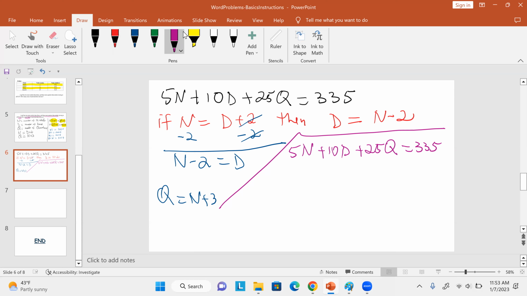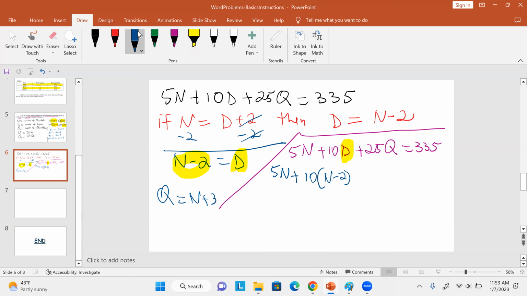This means we're going to have 5n plus 10 parentheses n minus 2, where the n minus 2 came from, that is d as an algebraic expression. Why am I doing this? To rewrite my equation based on a single variable.